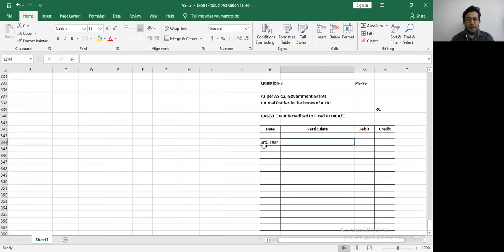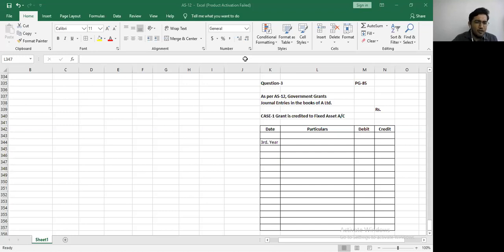Okay, let's pass the journal entry. Everyone tell me, when you have refund of government grant in capital approach, what do you do with the fixed assets? What is the treatment that you give? You remember we revised this today again. When you have refund of government grant, what will you do? Increase the value of what? Debit it. It means what?